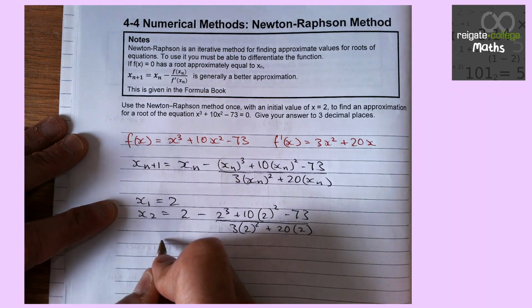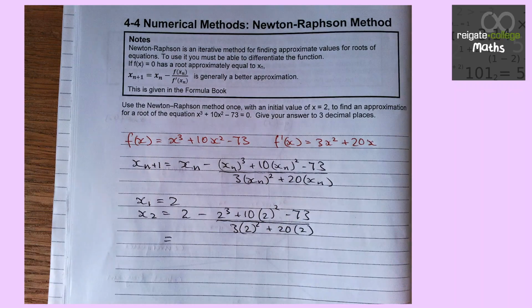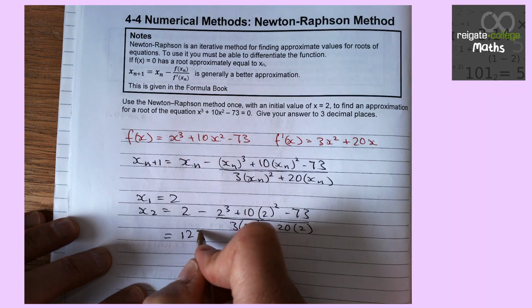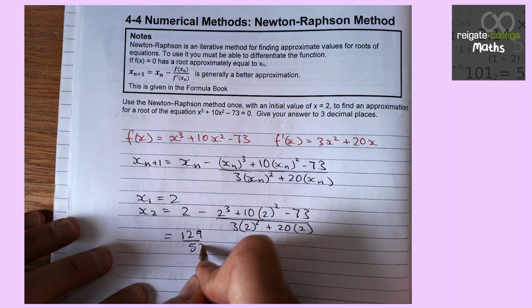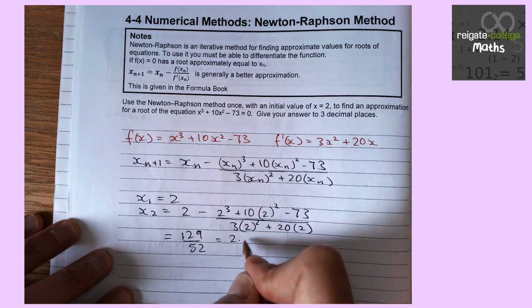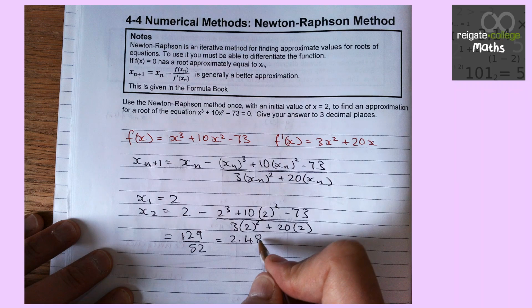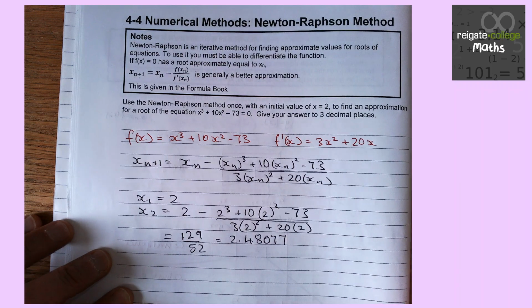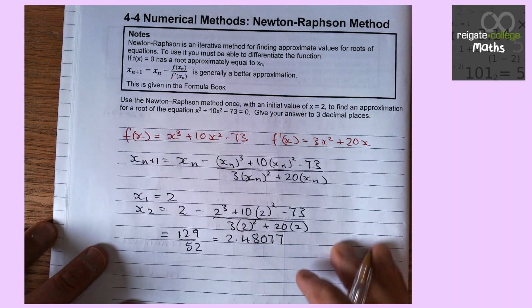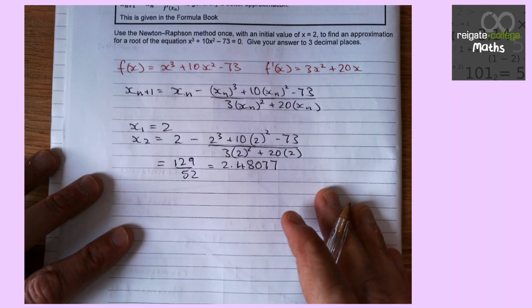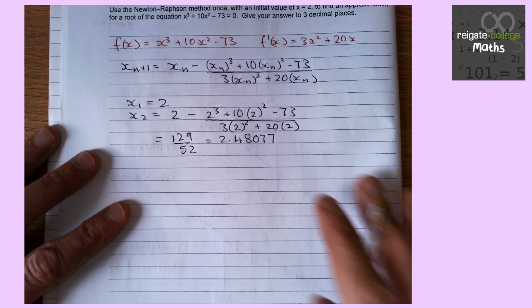And if you work that out on your calculator, you will get 129 over 52, which is 2.48077. You can again do all that on your calculator.